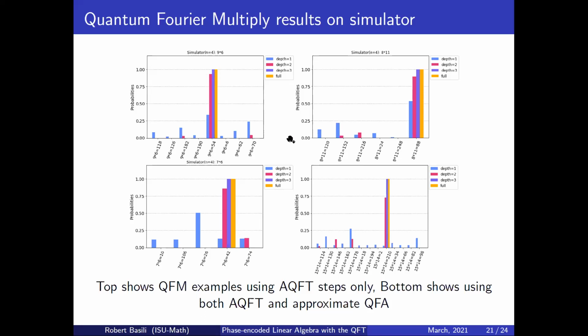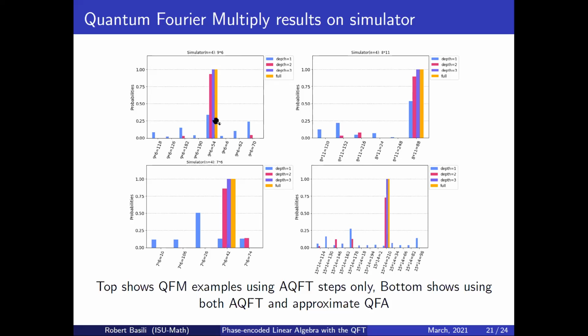So this might suggest that if you want to do an approximate quantum multiply, it may be better to go to a step higher than you would with the quantum adder. But I'm not entirely convinced of that. I want to see more of the scaling before I can say anything with much confidence.